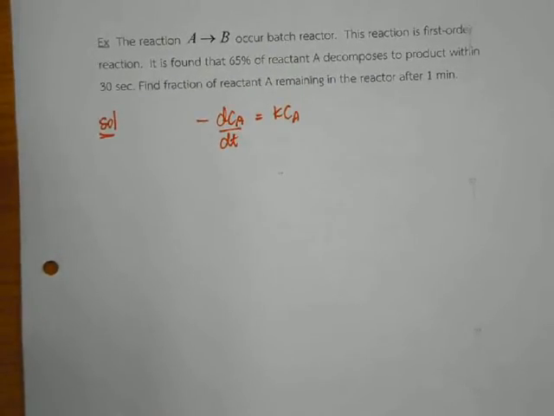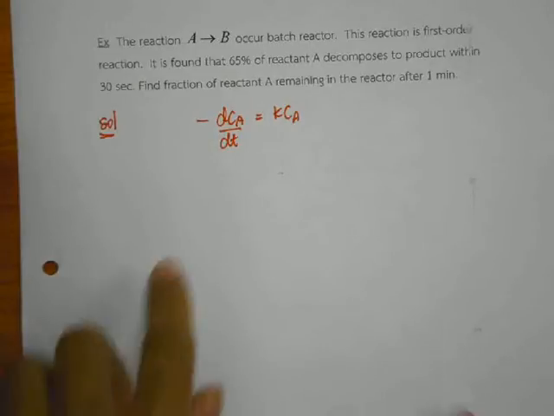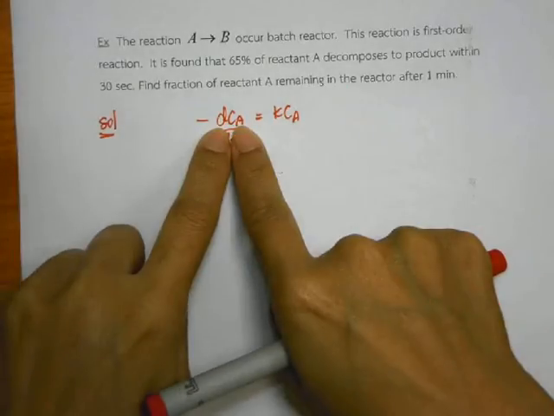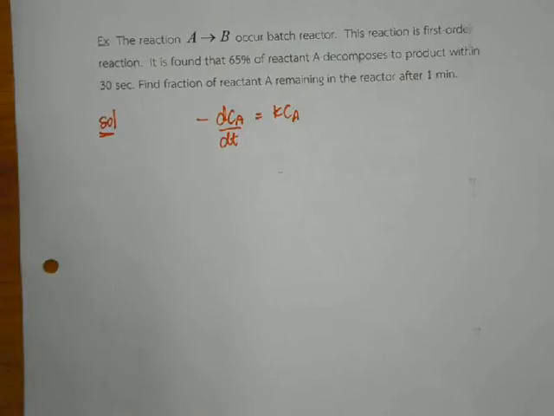By the time passed, the concentration of A is going down, right? Because it is the reactant. So I said dCA means the difference of concentration of A when the time passed. It would be a negative number, right? Because it's going down by the time passed. It's turning to be the product.